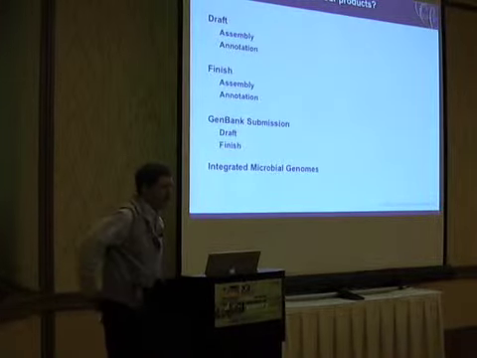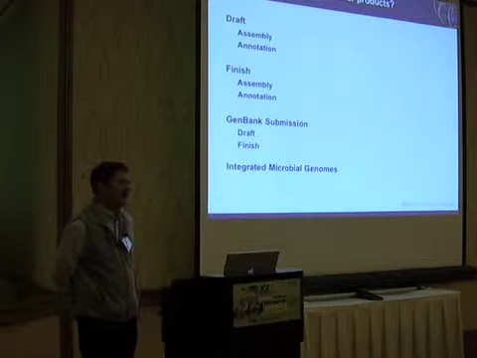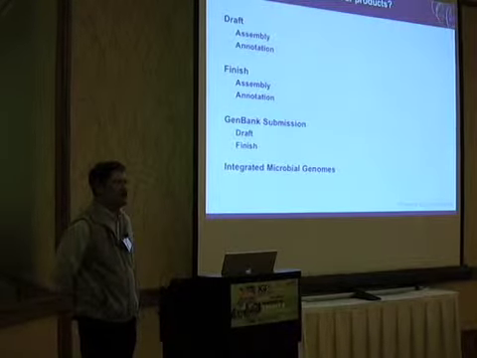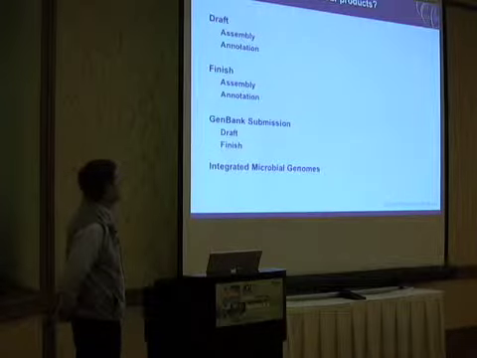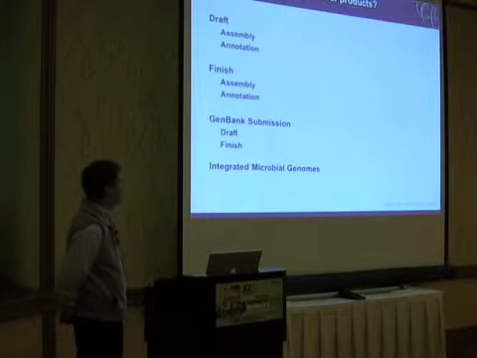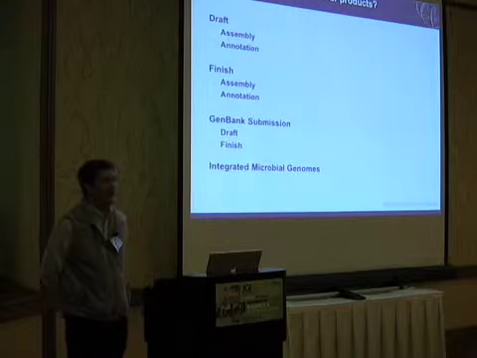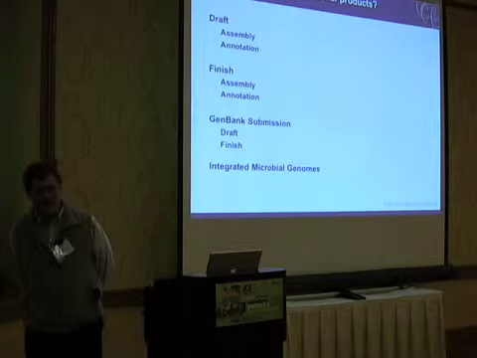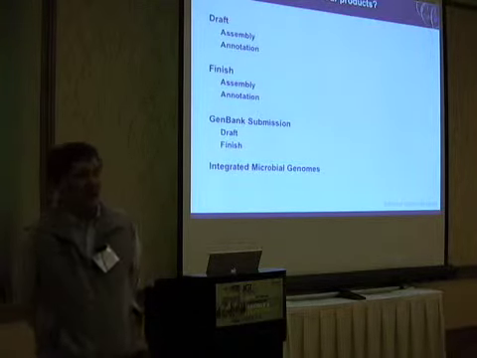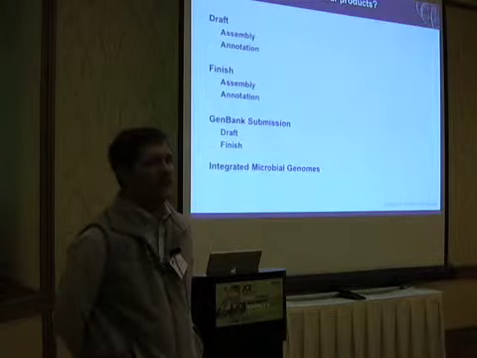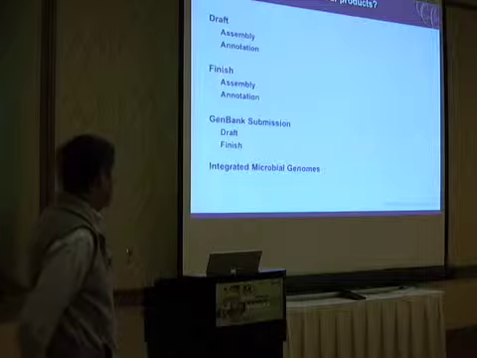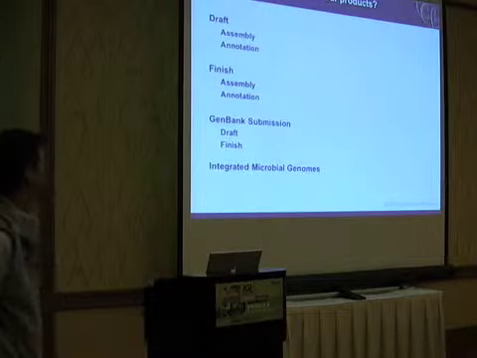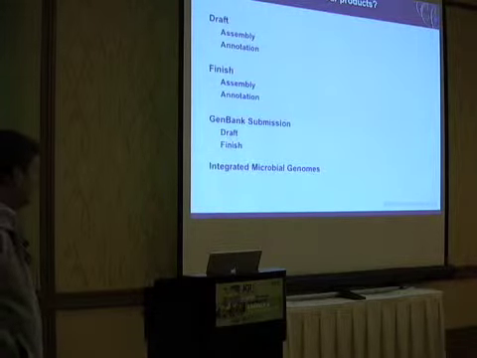So, to go back over this process, what are the various endpoints? From the draft sequencing, we have a draft assembly and a draft annotation. That's available to the users fairly quickly, and that allows you to take a look at the data before it goes through the finishing process. Once it's finished, again, you have access to an assembly and an annotation.